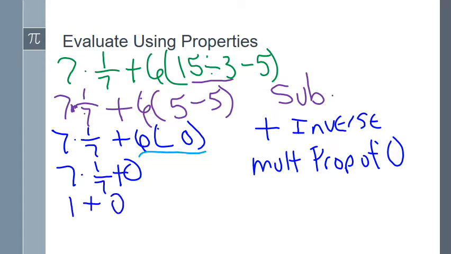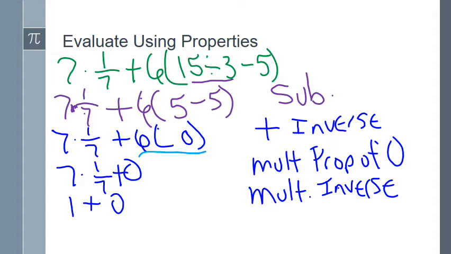When I do the 7 times 1 over 7, that's an example of what I said just a moment ago incorrectly, which is now correct, the multiplicative inverse property. So the inverse of any number is the reciprocal of that number.